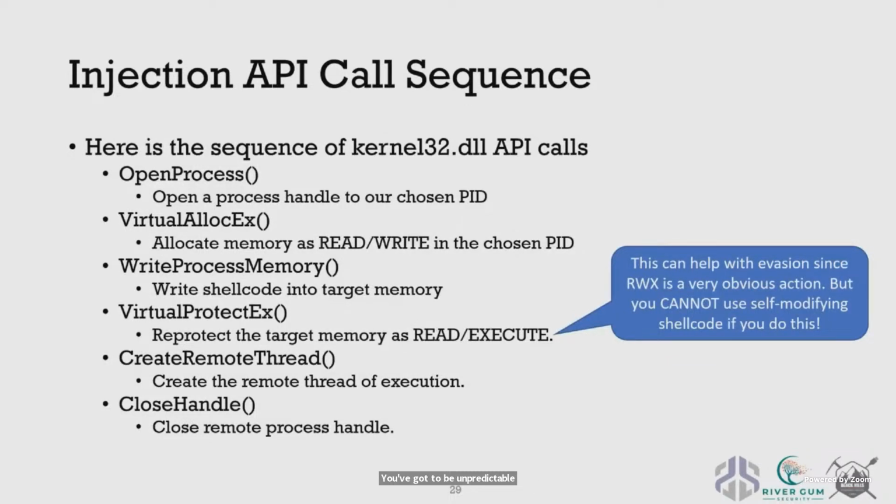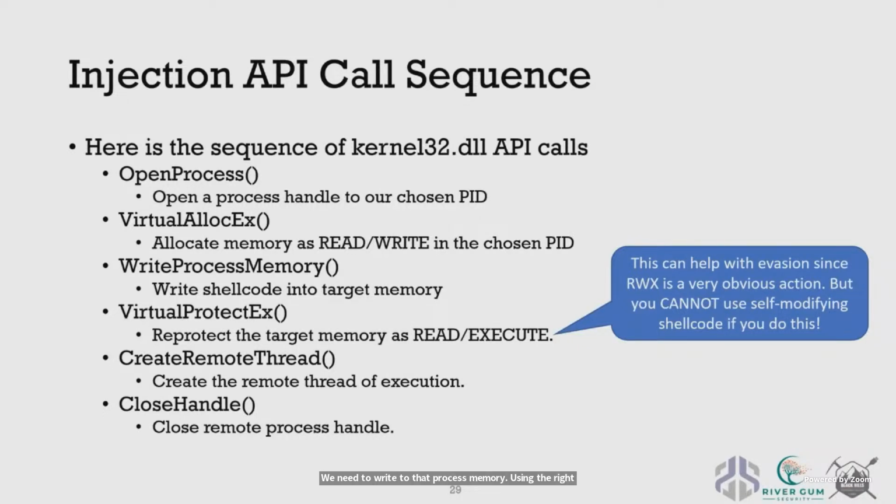The sequence of API calls that you need is as follows, and this is all kernel32 stuff. You need to open the process that you're targeting. You need to allocate memory in that process. This time we use a function call called VirtualAllocEx. We need to write to that process memory using the WriteProcessMemory API call.